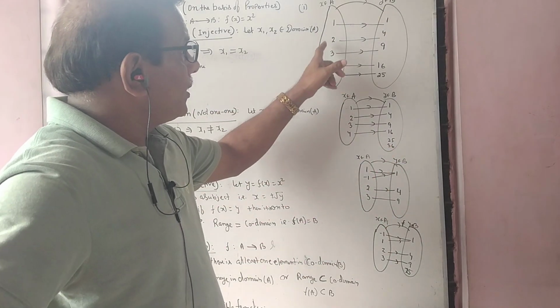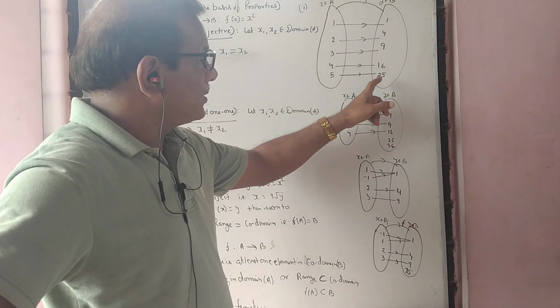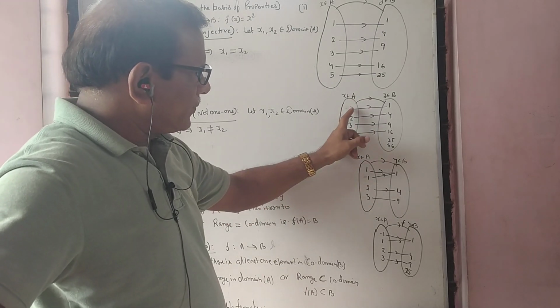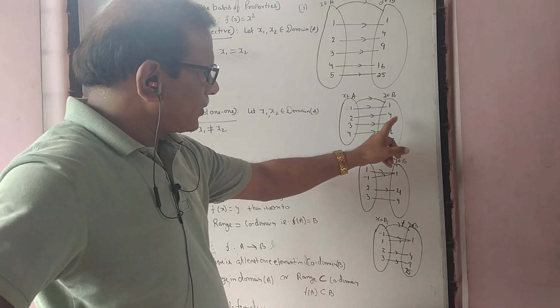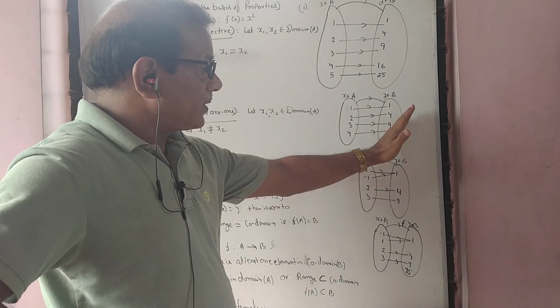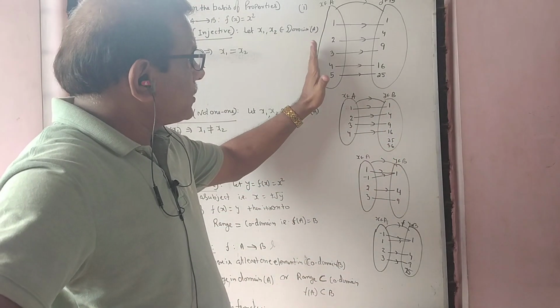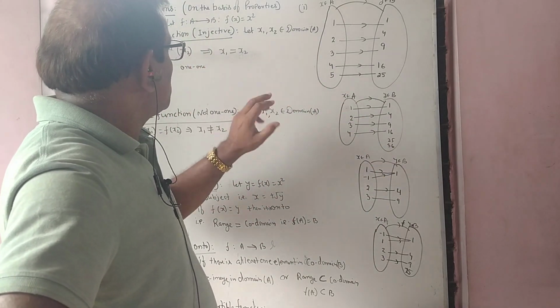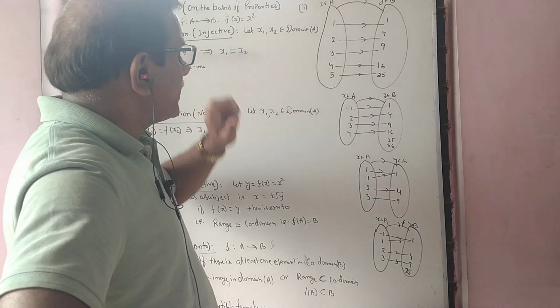In the second case also, different elements 1, 2, 3, 4 have 1, 4, 9 and 16 as images. So first and second both are 1-1 functions, that is, injective.